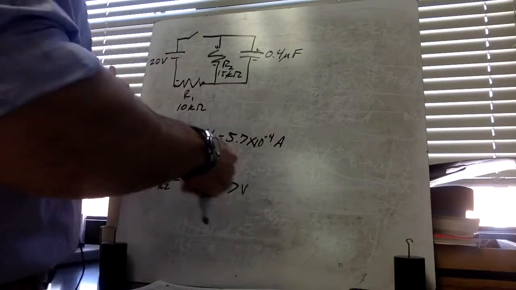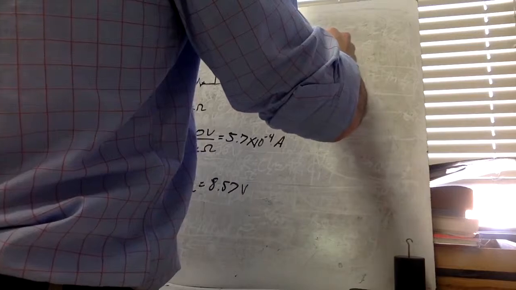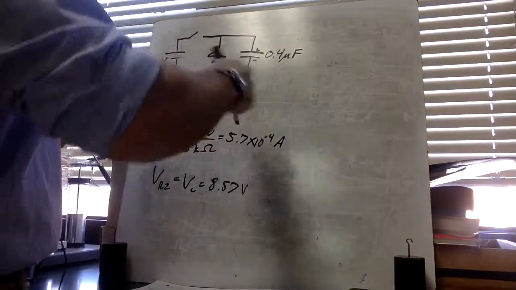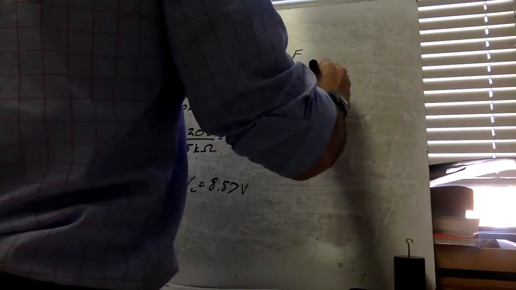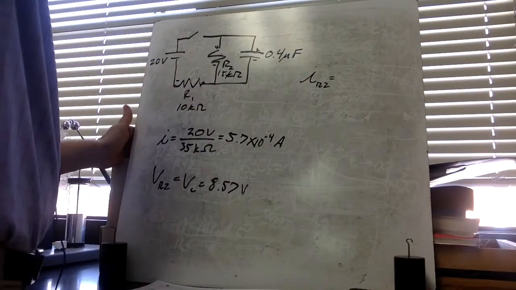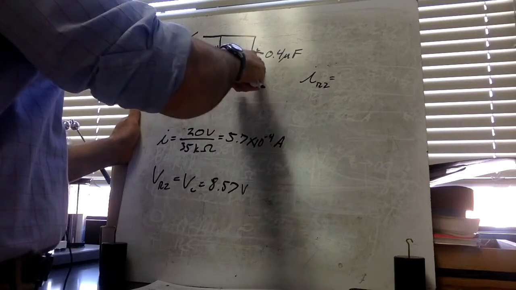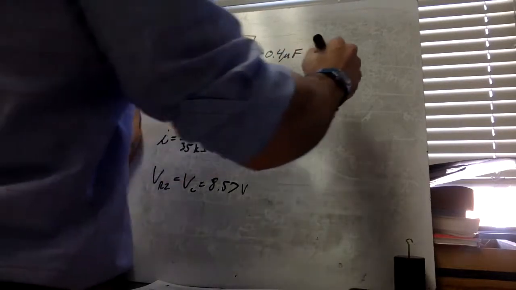Okay, and so the current, now when it's discharging, the current on R2 is going to be given by the voltage on the capacitor as it's decreasing divided by R2.